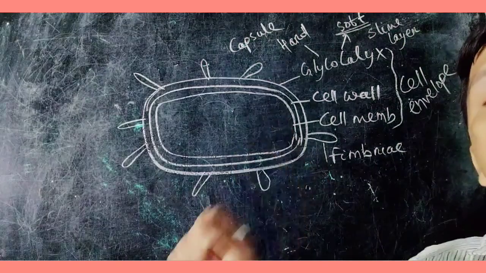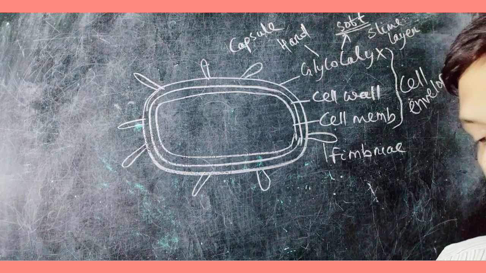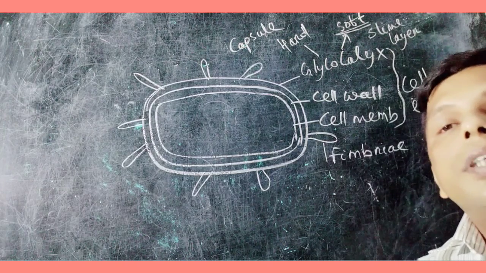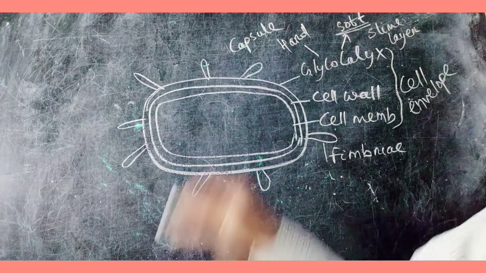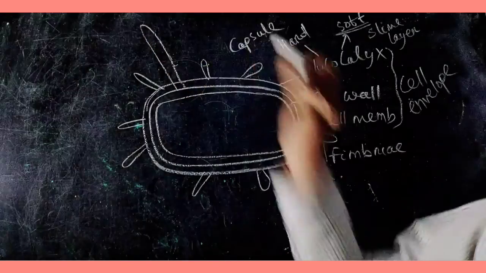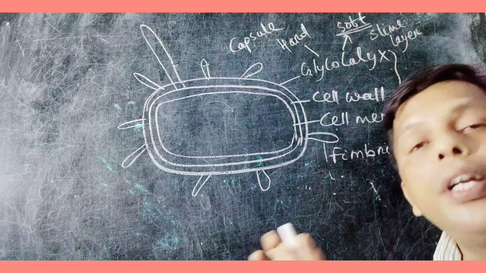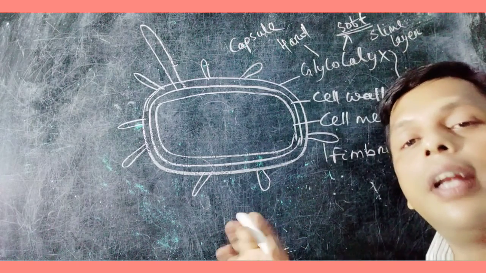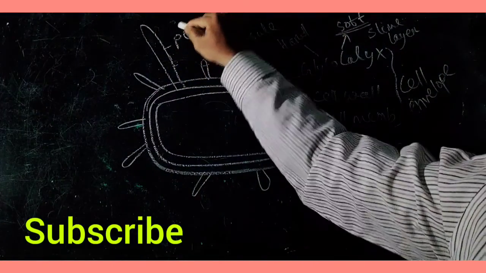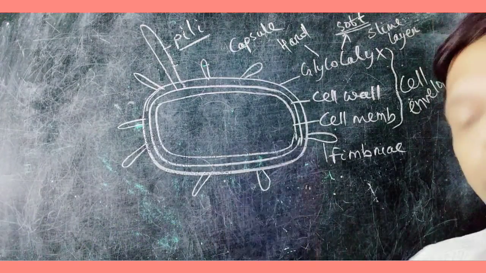It helps in holding the organism at a specific place. Sometimes it is found that a long structure extends like fimbriae. This long structure is meant to transfer the genetic makeup during conjugation, which is called pili. Okay, there is a difference between pili and fimbriae.